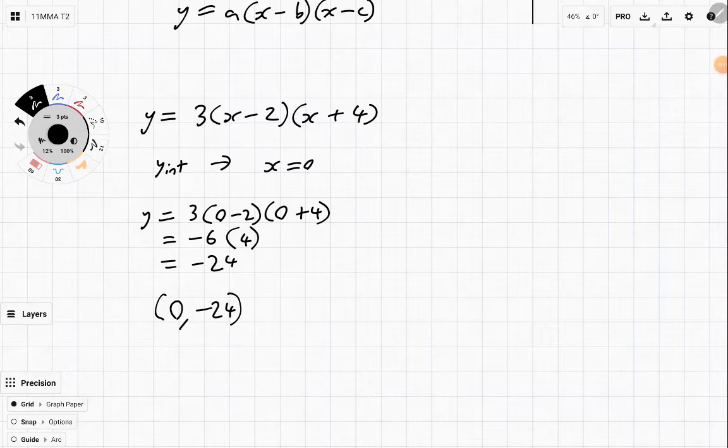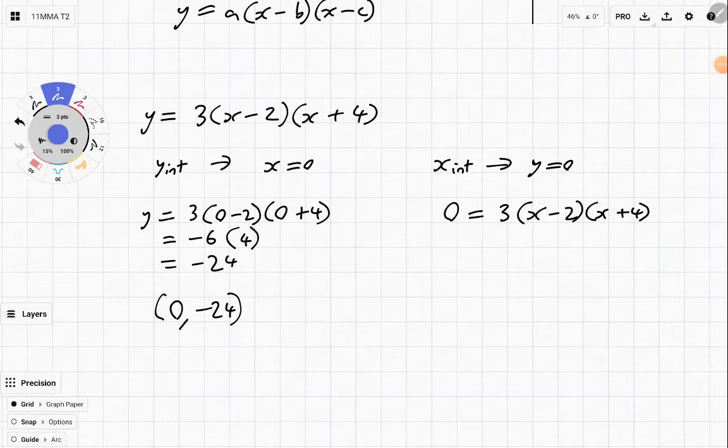So therefore, our y-intercept is at 0, negative 24. And then we can say, well, when's the x-intercept? Well, the x-intercept is when y equals 0. When this is the case, we can use null factor law. This can only be true when x minus 2 is equal to 0, or x is equal to 2, or if x plus 4 is equal to 0, or x is equal to negative 4.